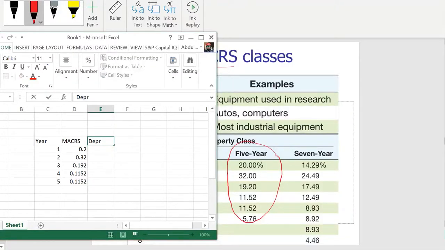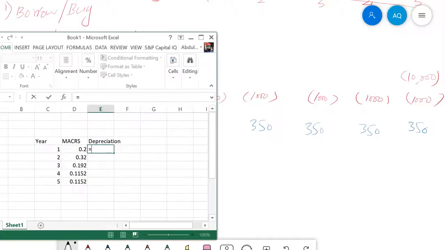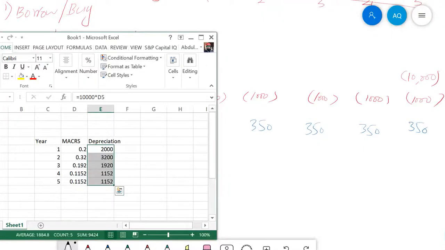Here we will calculate the depreciation. How? We will take the value of the equipment, which is 10,000, and multiply it with these rates, 2000. These will be our numbers of depreciation.